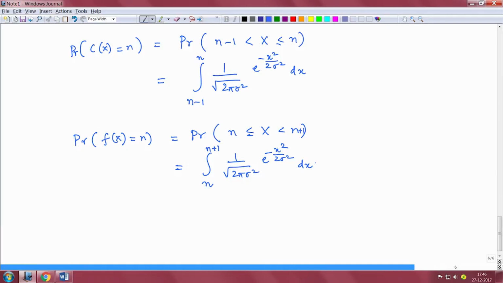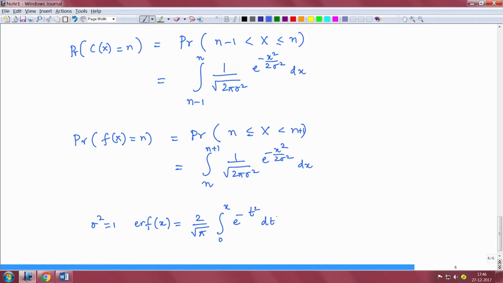Now if we have to do this on a computer, we will assume sigma squared equal to 1, and we make use of a function called ERF of x, which is given by 2 by root pi times the integral from 0 to x of e power minus t squared dt.